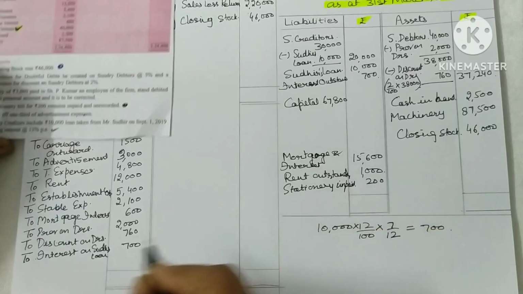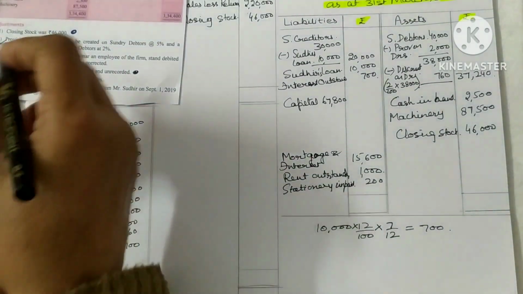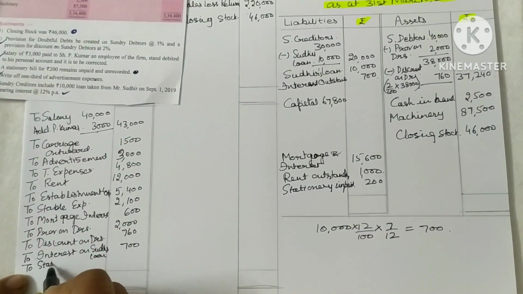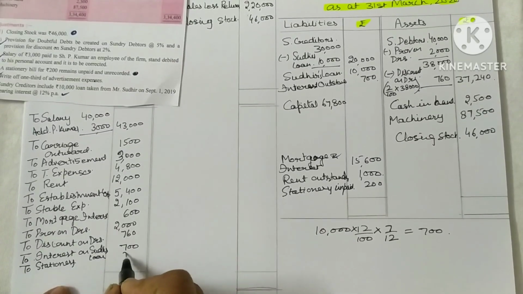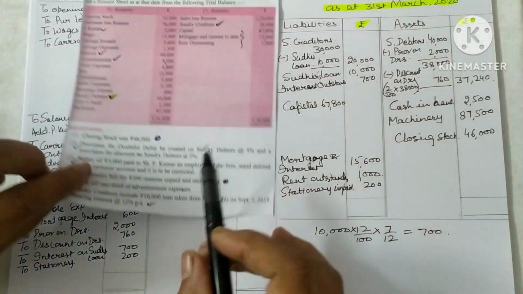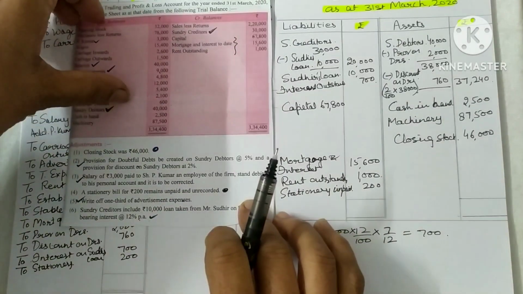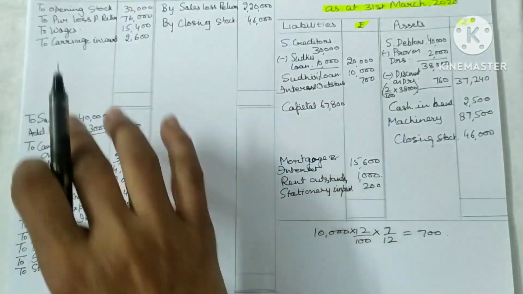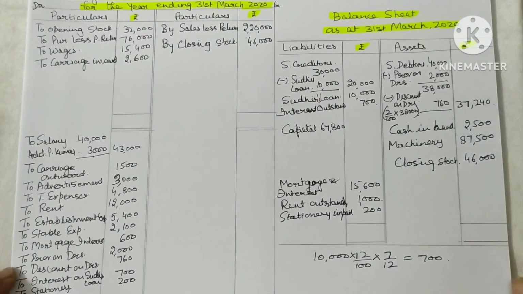You have to show it at two places, so you have to show it here also, to stationery, 200. Okay. Next adjustment I have already done. This is also done. This whole trial balance and adjustments I have already posted. Now you have to total it like this.